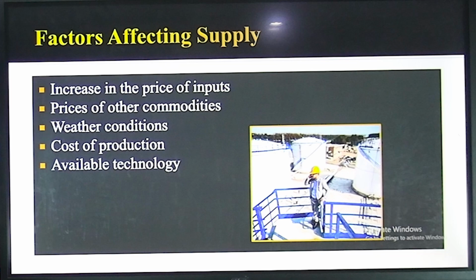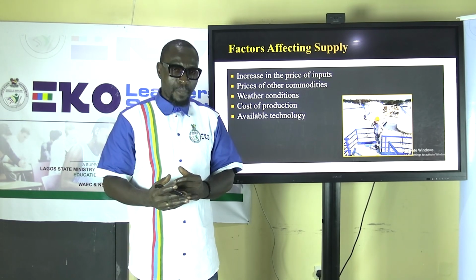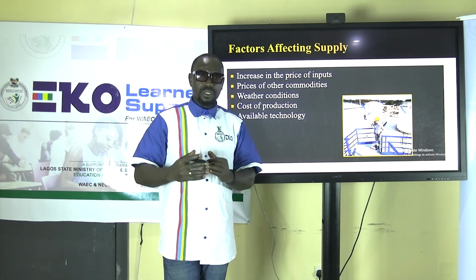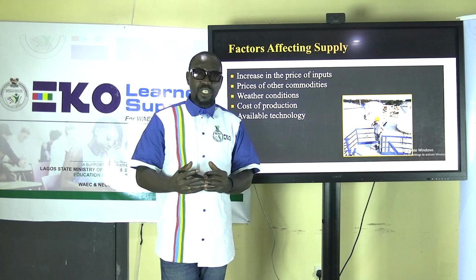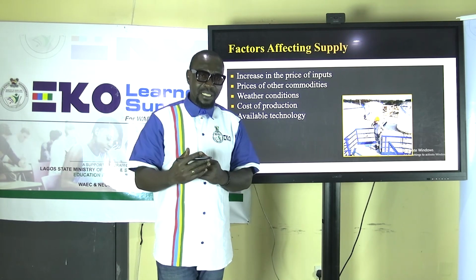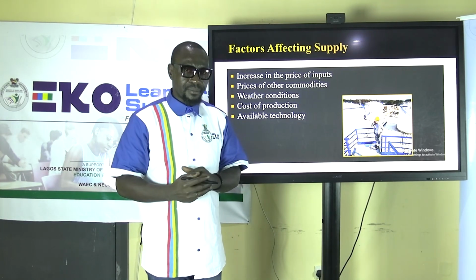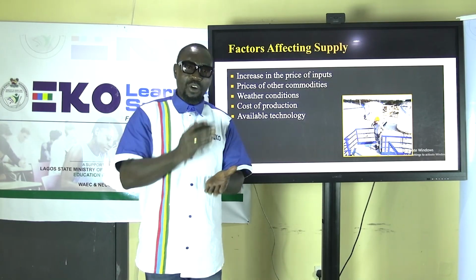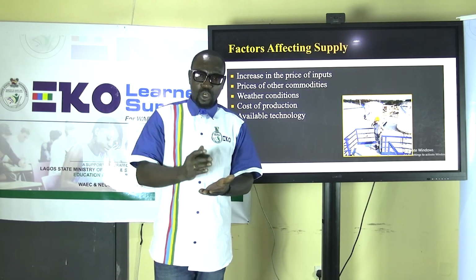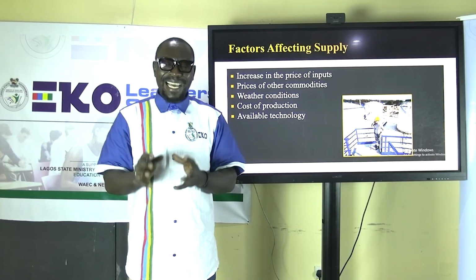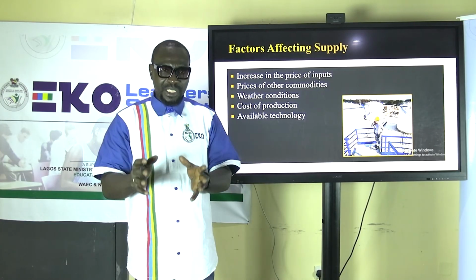Available technology. Technology usually helps to cut down on production time and sometimes cost. Because when you have improved technology, it means you can get things done better, usually, and faster. Therefore, the level of technology that is involved in the production of a commodity can affect the supply of that commodity.